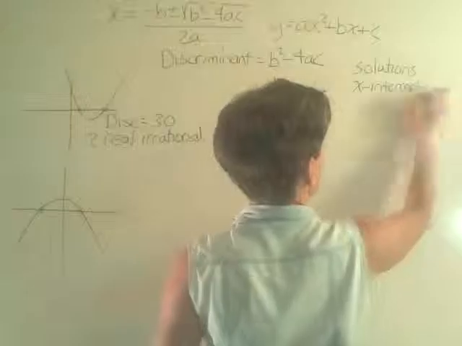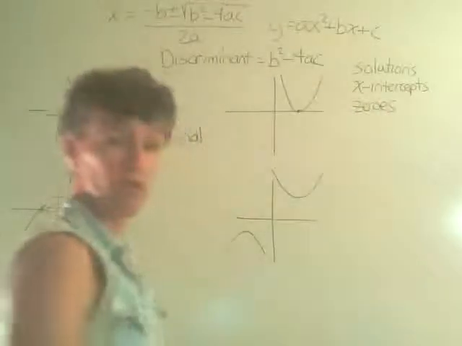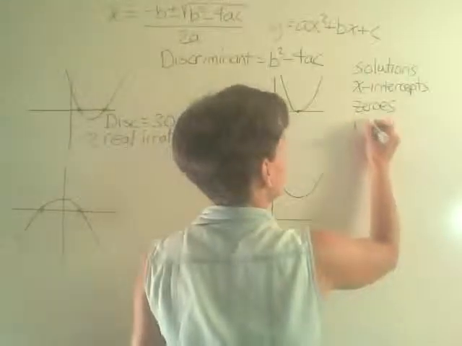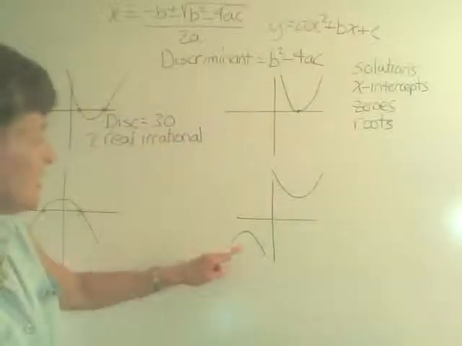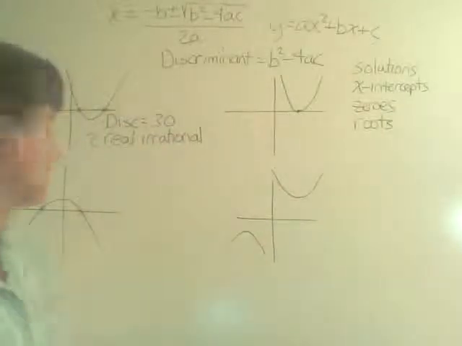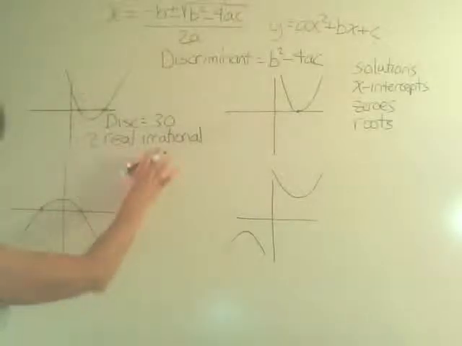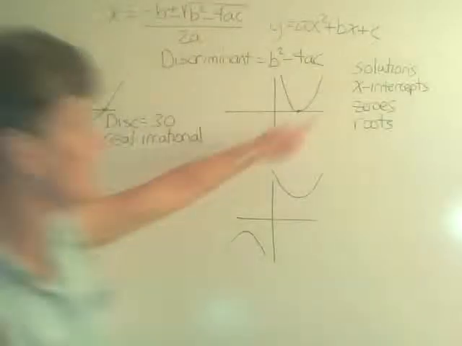So we also call these zeros because we have let y be 0 to solve our equation and to get these numbers. And another name for these is roots. Now, roots can encompass even those that don't cross the x-axis. So over here, we have two real irrational solutions, two irrational x-intercepts.